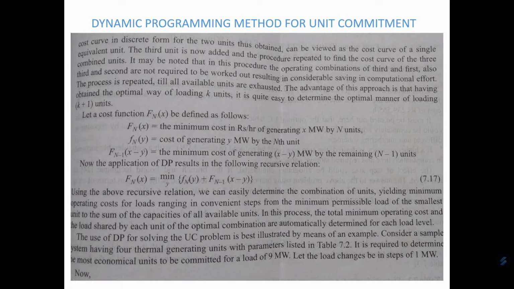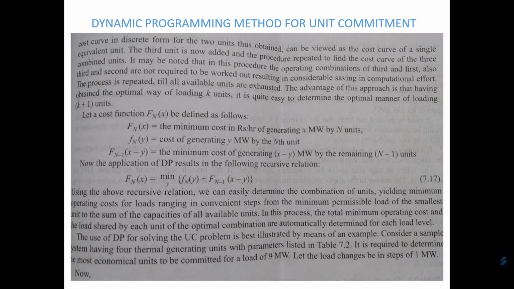Using the above recursive relation, we can easily determine the combination of units yielding minimum operating cost for load ranging in convenient steps from the minimum permissible load of the smallest unit to the sum of capacities of all available units. In this process, the total minimum operating cost and the load shared by each unit of the optimal combinations are automatically determined for each load cycle.